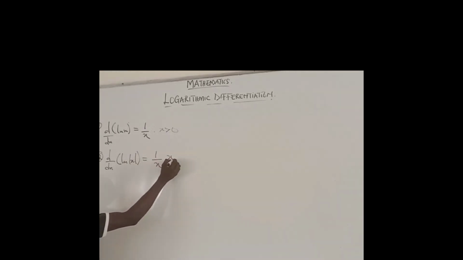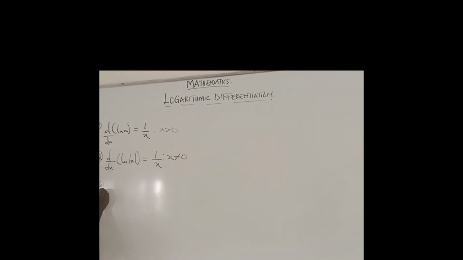So basic 2, where dy/ds of ln of s, close the bracket, is going to be the same thing, 1 over s, when s is not equal to 0. Please take note of that.